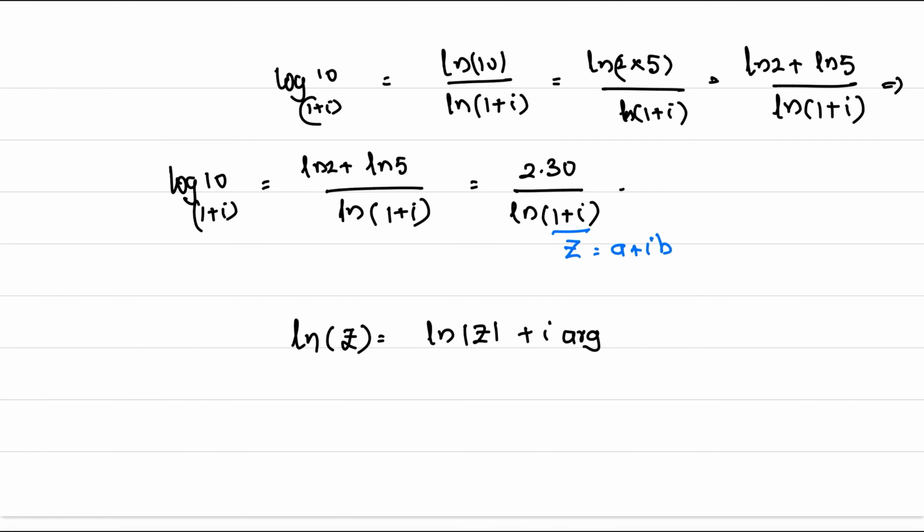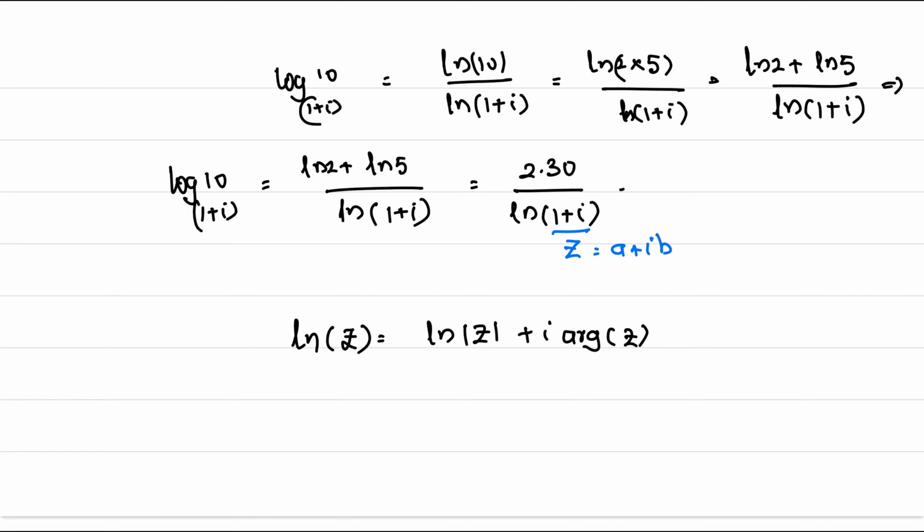Argument is nothing but angle in radians. We will take the principal value only here. We will solve it for principal value of the angle. You can go for the other values as a homework.